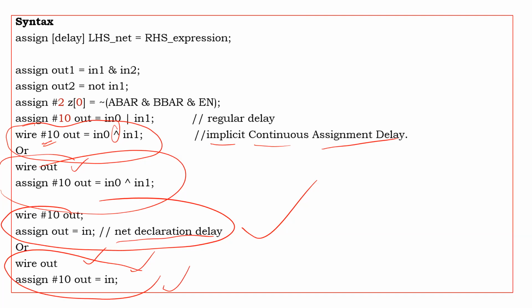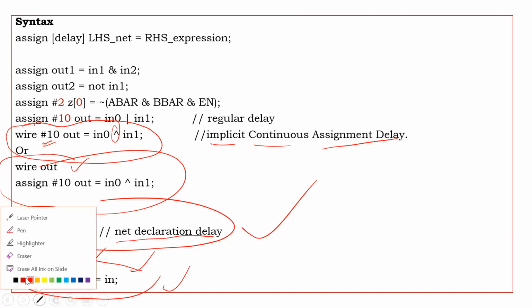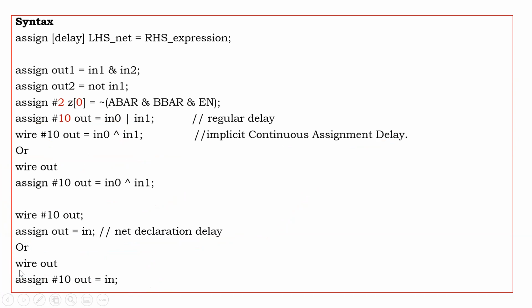That is the syntax of how delay is introduced in dataflow modeling. In dataflow modeling you can insert the delay in any statement in this fashion.